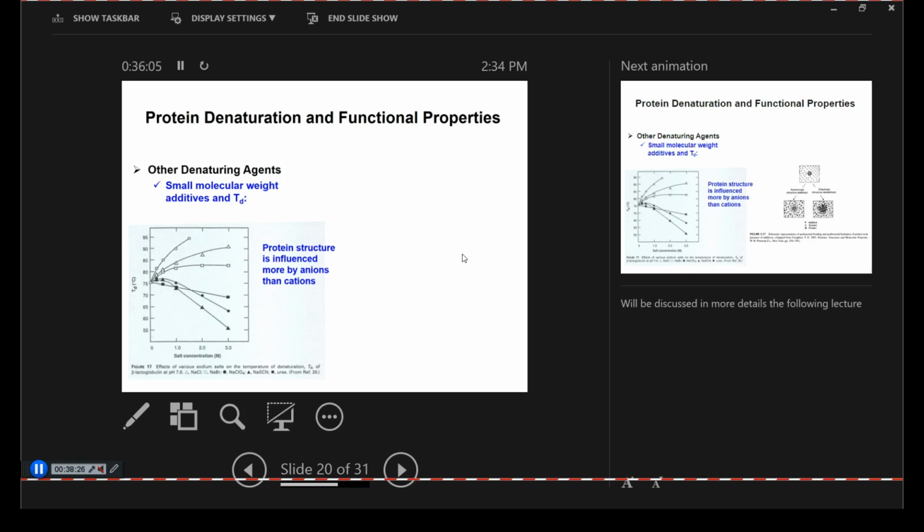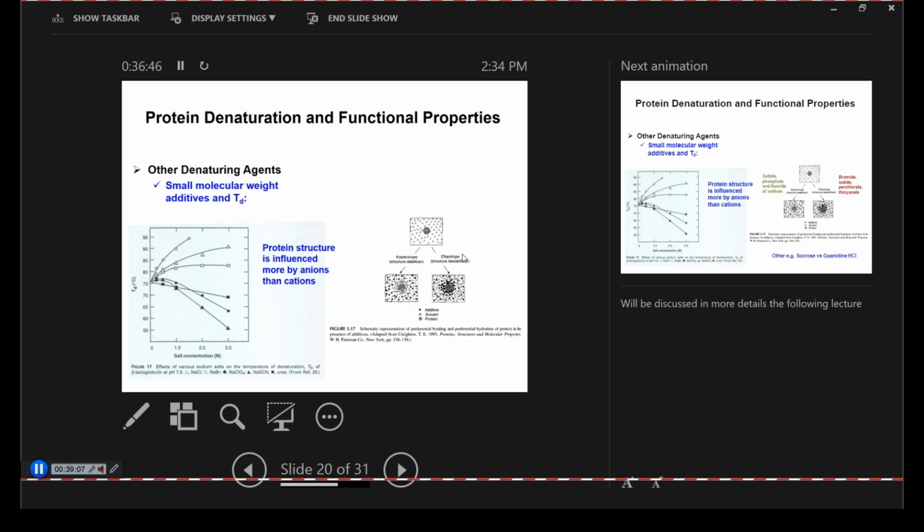And for example, the sodium cyanide, which is the rectangle here, has a great impact on denaturation temperature compared to sodium chloride. Okay? So here what happens is at low concentrations of sodium chloride, for example, you get the denaturation temperature to increase. So sodium chloride is actually causing some stability to the protein structure, whereas others are causing destabilization of the protein structure.